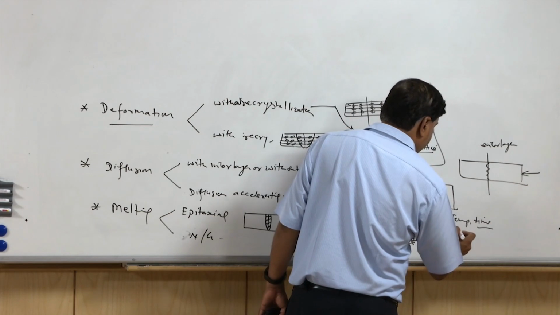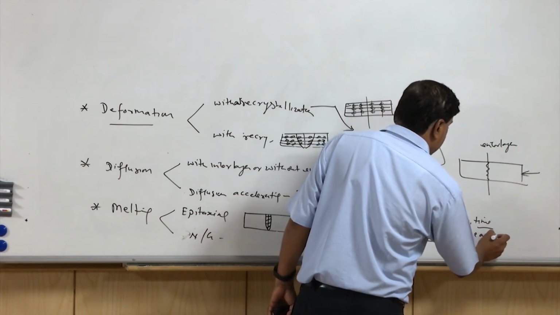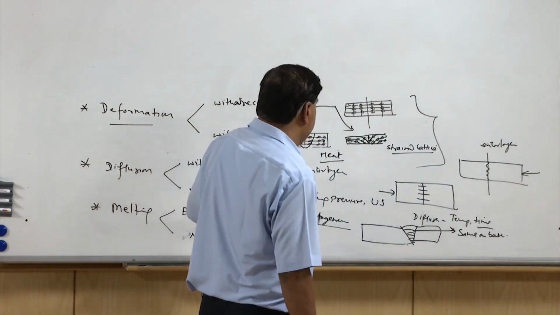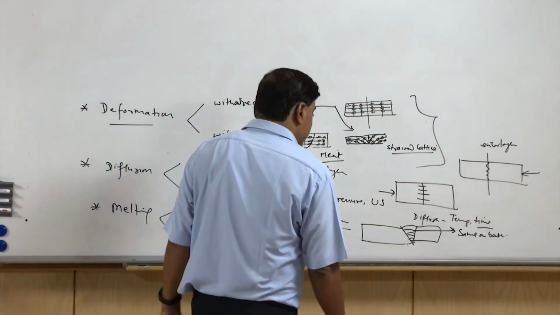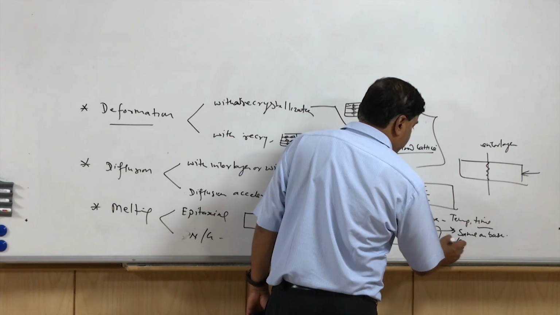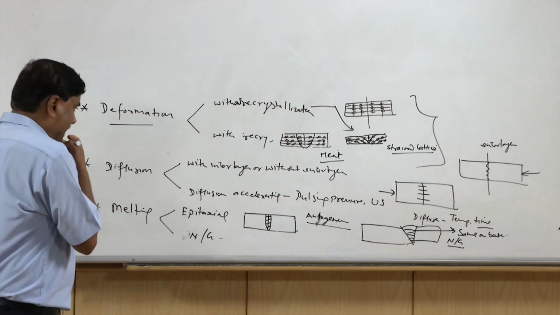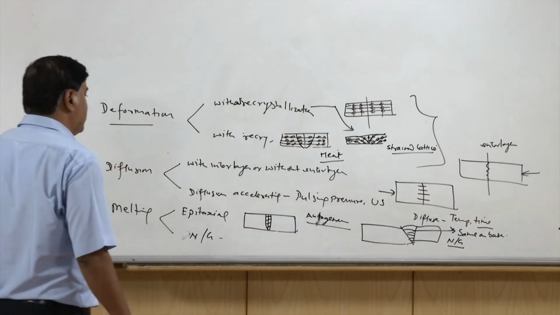If the filler used is the same as the base metal, then again epitaxial solidification takes place. But if the filler metal is different from the base metal, then the nucleation and growth mechanism of solidification is involved. So these are the approaches which are used for developing the joint.